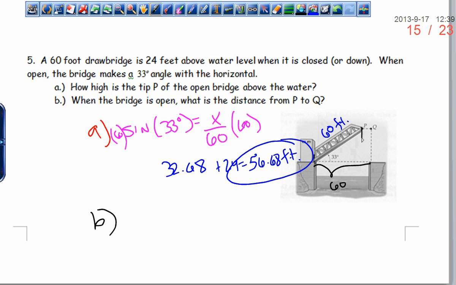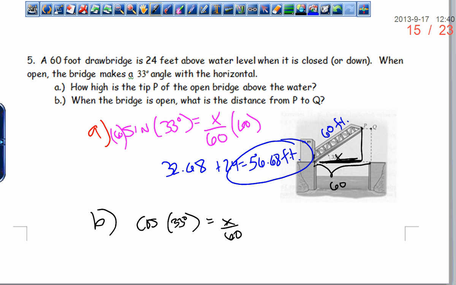But what about this distance right here? Then we subtract, right? So I'm going to use cosine of 33 degrees equals x over 60. That's going to give me this value right here. So multiply both sides by 60.